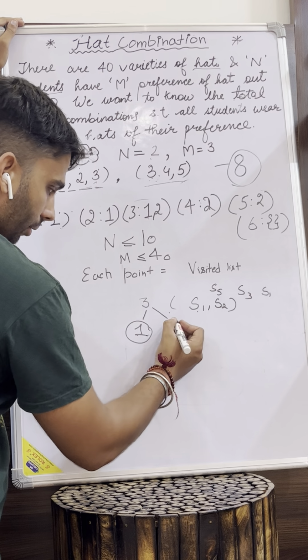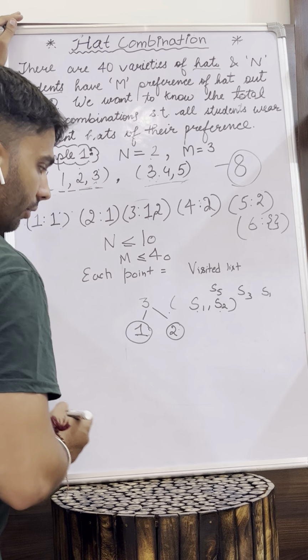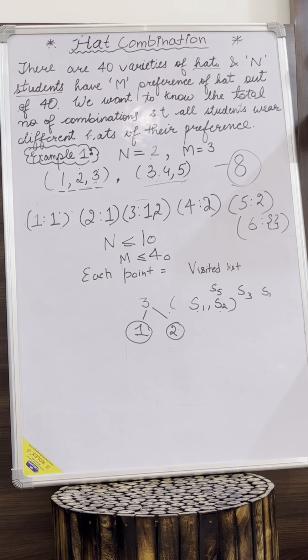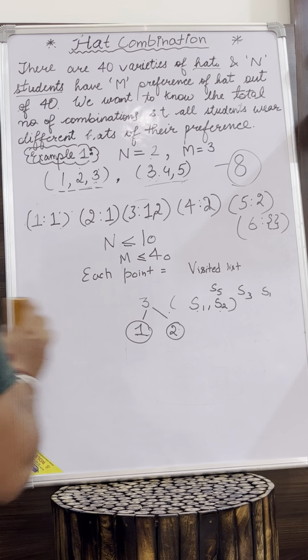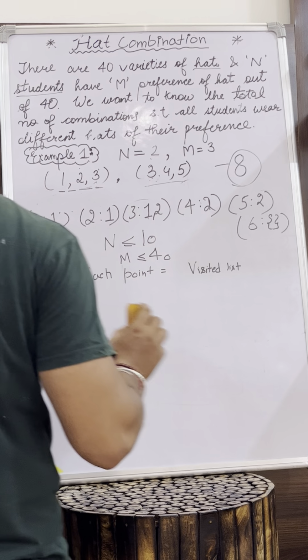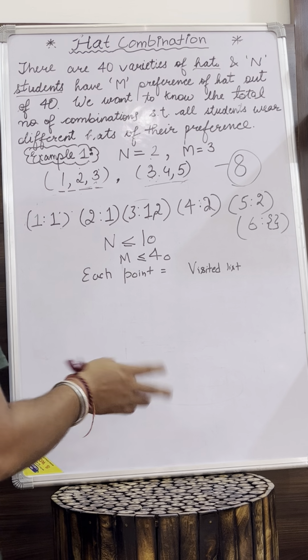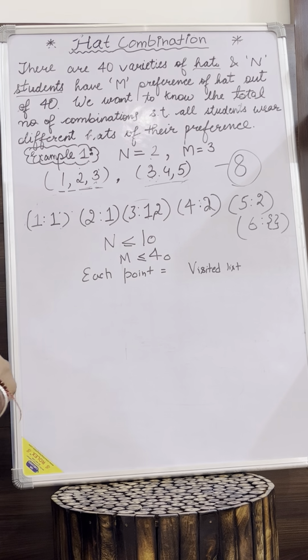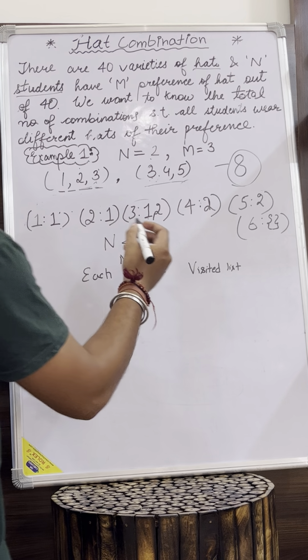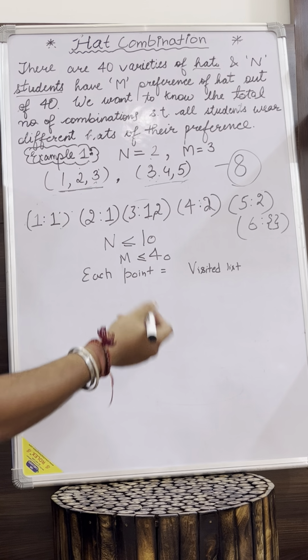Similarly, when I go to 2, it will say it is already done, so we don't include it in our answer. So at each and every point we need a visited list, which tells us what is done or not done. So we compare with that list and say whether it will add up to our answer or not. So why not create a visited list as a binary number?